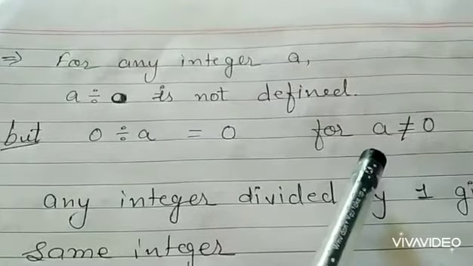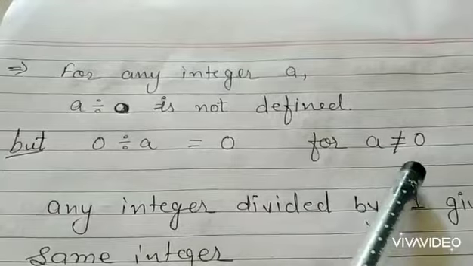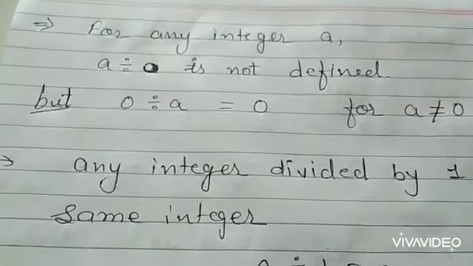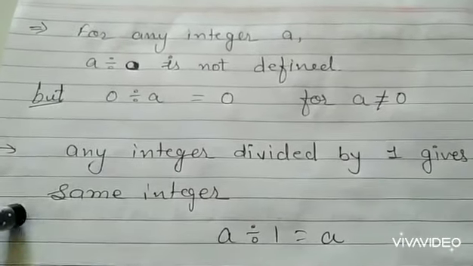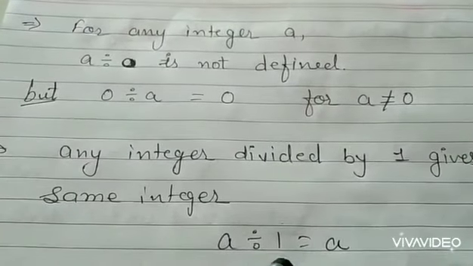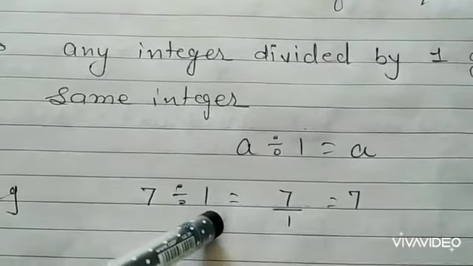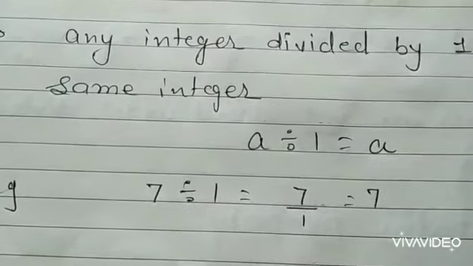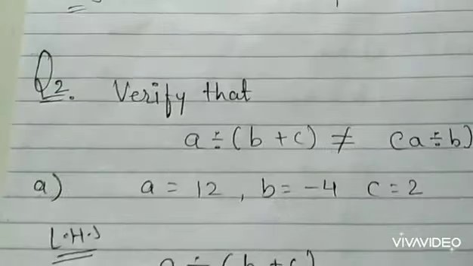The condition here is that a should not be equal to 0. Another property: any integer divided by 1 gives the same integer. Any integer a divided by 1 is a. For example, 7 divided by 1 is 7, and minus 3 divided by 1 is minus 3. By using these properties, we will start doing our exercise.